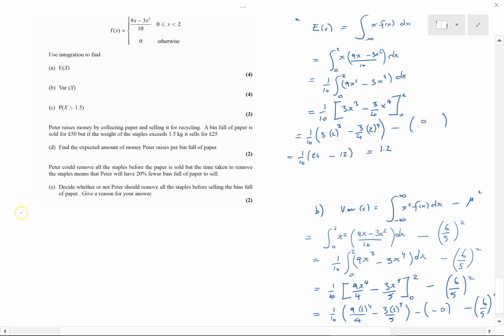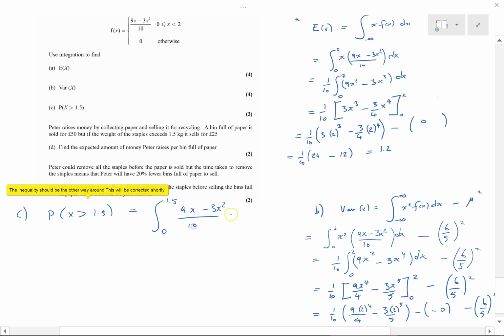Right, let's turn now to part C. The probability that x is greater than 1.5, now we're just integrating the PDF, between 1.5 and 0.